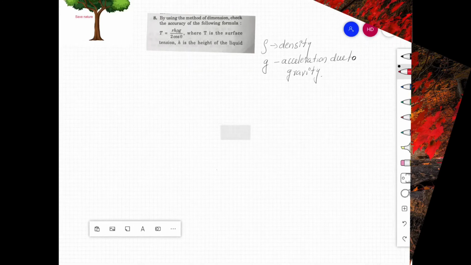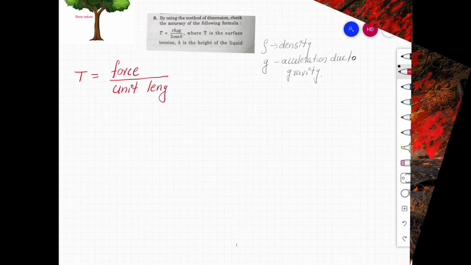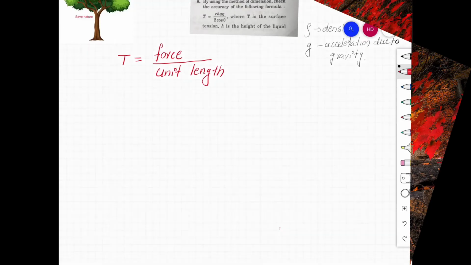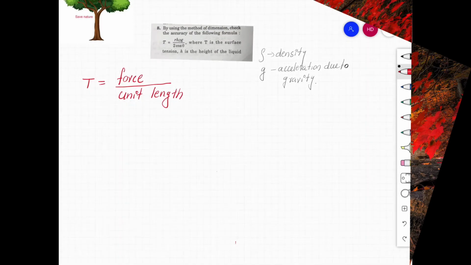Surface tension T is equal to force per unit length. So don't confuse this formula with force per unit area, that is for pressure.